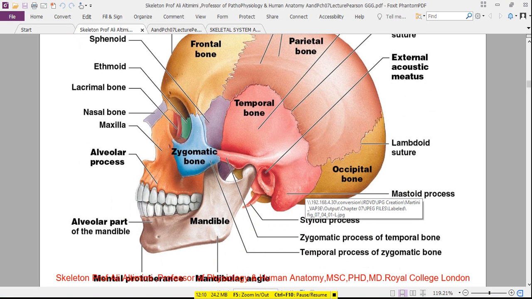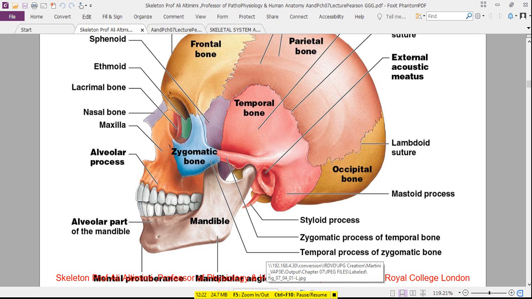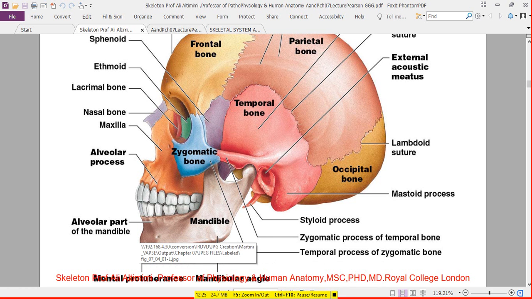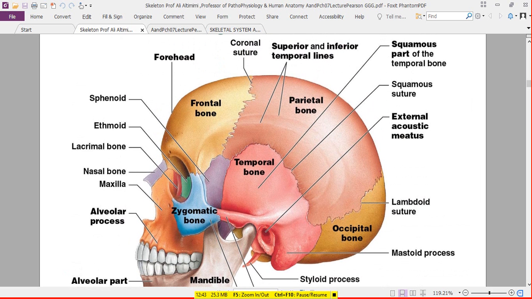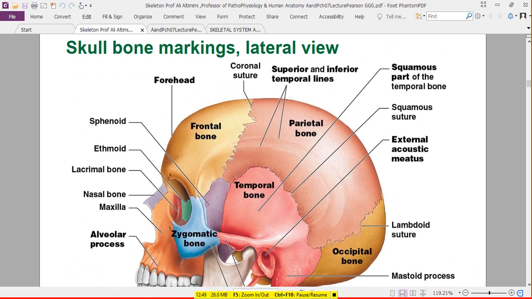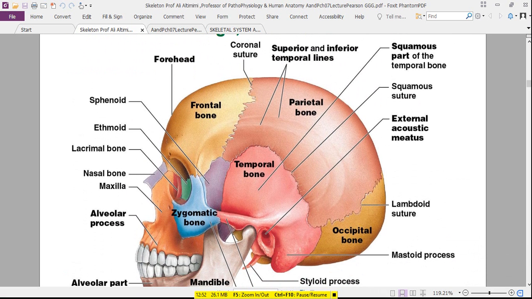Then we have styloid process, zygomatic process, mandible, mandibular angle, mental protuberance, alveolar part of the mandible, alveolar process, maxilla, nasal bone, lacrimal bone, ethmoidal bone, sphenoid bone, the forehead. So this is the skull bone marking in the lateral view.